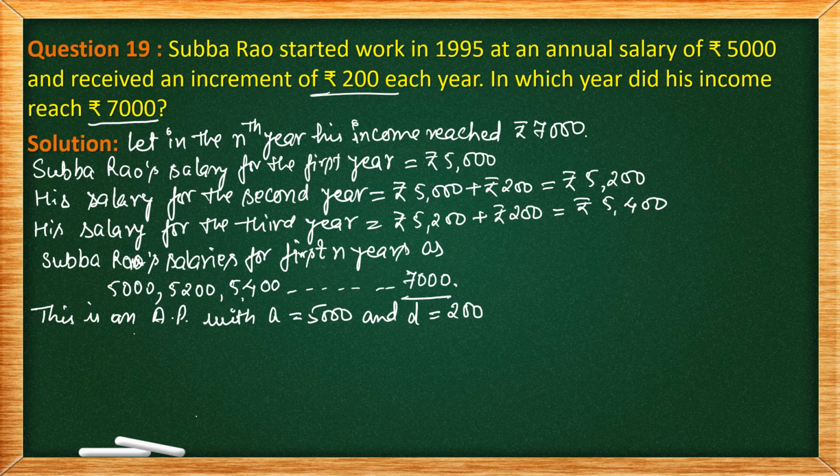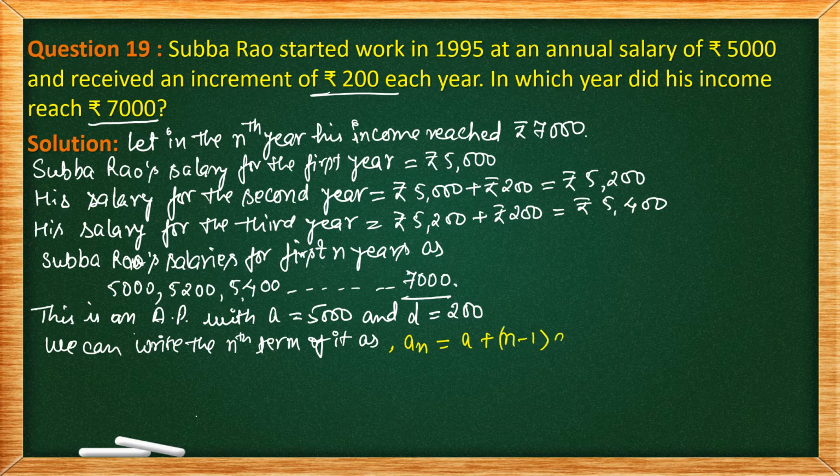So we can write the nth term of it as an is equals to a plus n minus 1 into d.